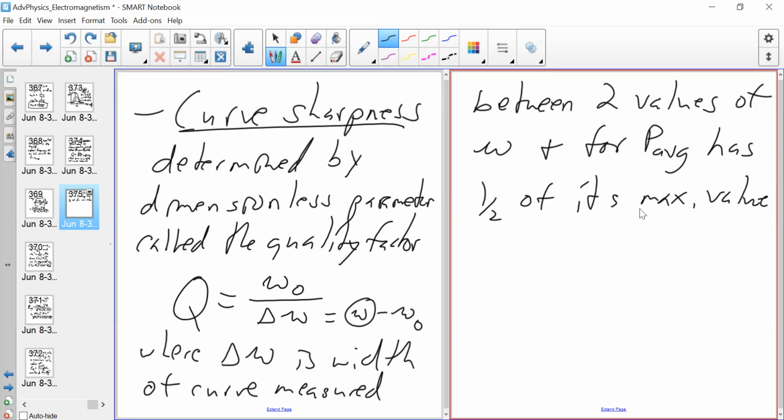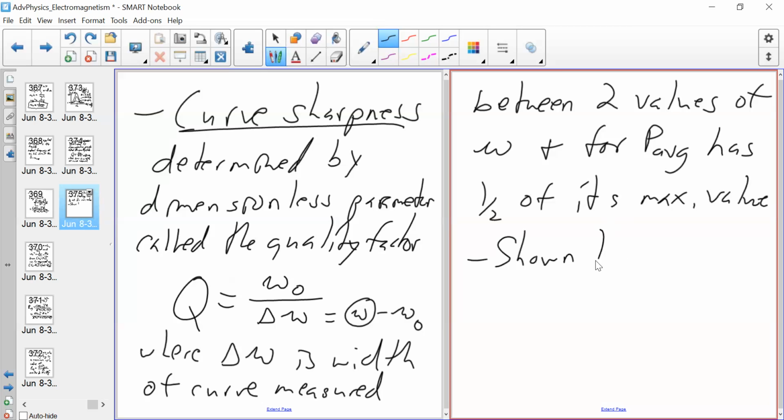And so, again, like I was saying, you want to be at omega naught, because you want to receive that resonant frequency at your car radio or whatever receiver you have, a transistor radio or radio at your house. You want to be able to tune into the resonance.